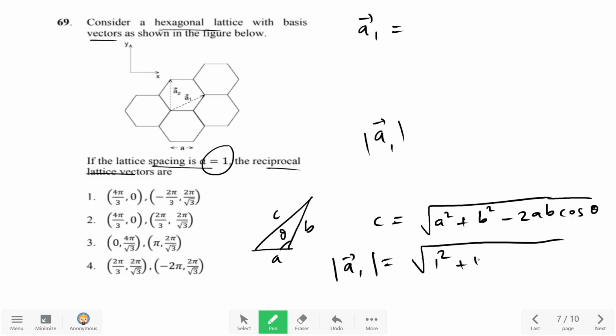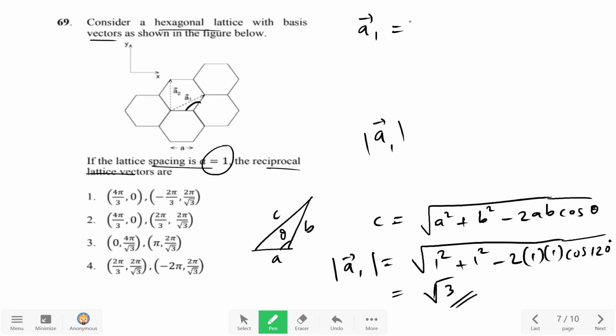So we have 1 square plus 1 square minus 2 into 1 into 1, and this angle is 120 degrees because the lattice is hexagonal, cos 120 degrees. This comes out to be equal to root 3. Now we have obtained the magnitude of the A1 vector.